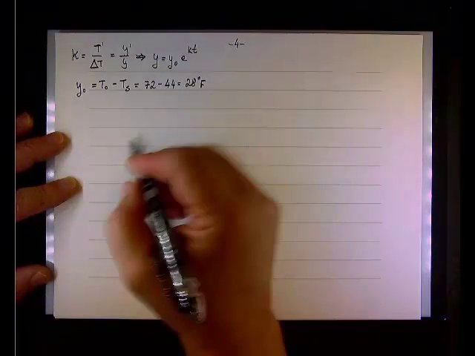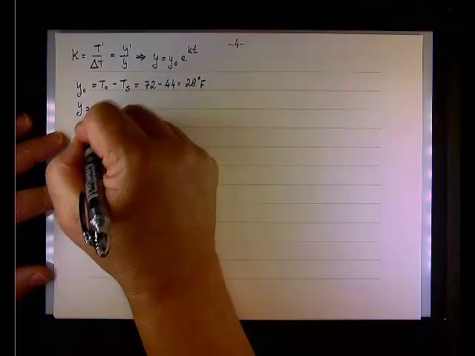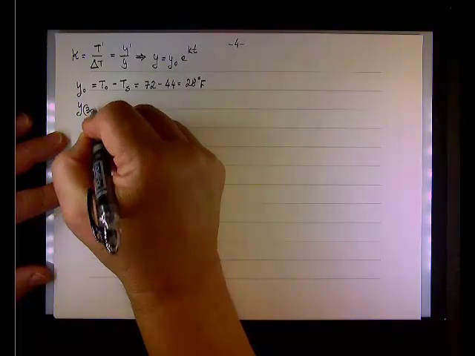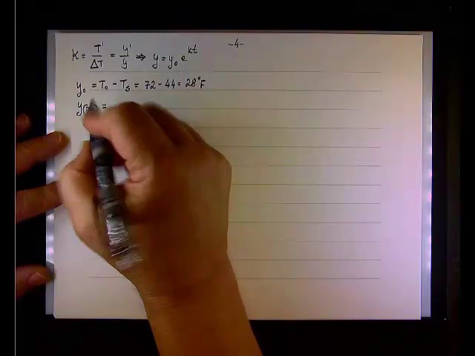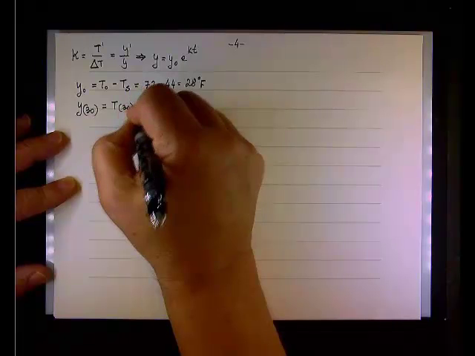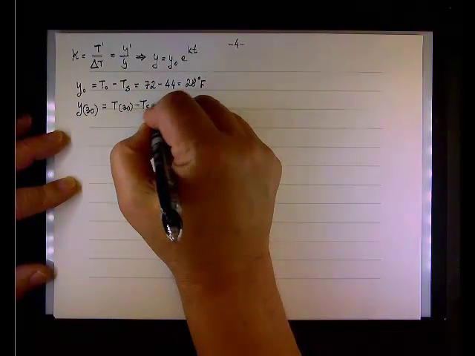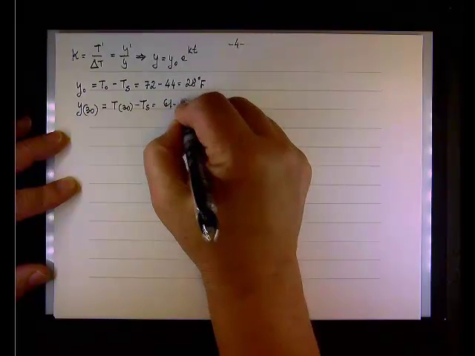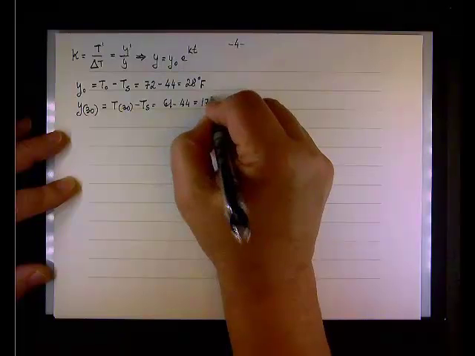The other thing we know is that the temperature after 30 minutes was 61 degrees. So y after 30 minutes will be T after 30 minutes minus T sub s, or 61 minus 44, and that will be 17 degrees.